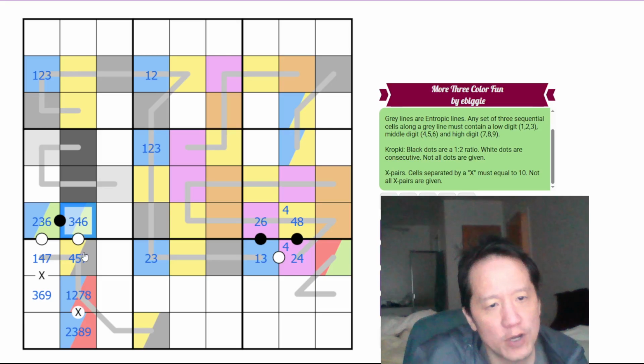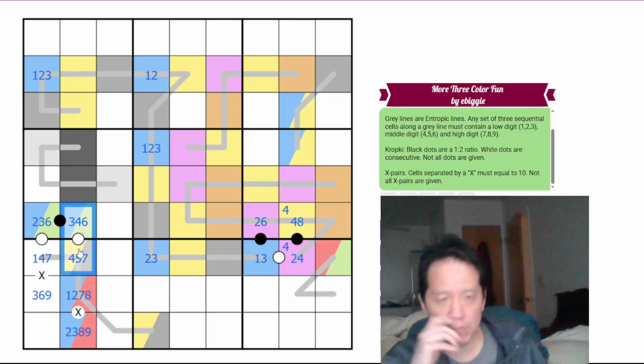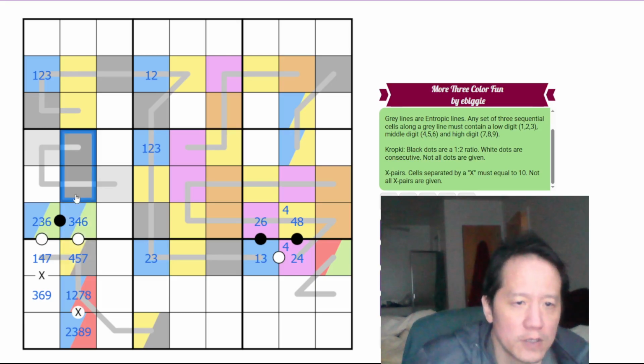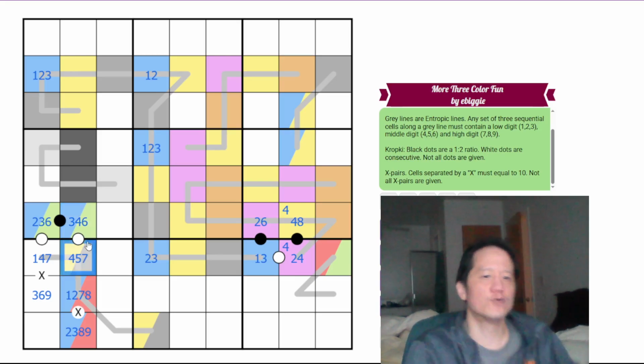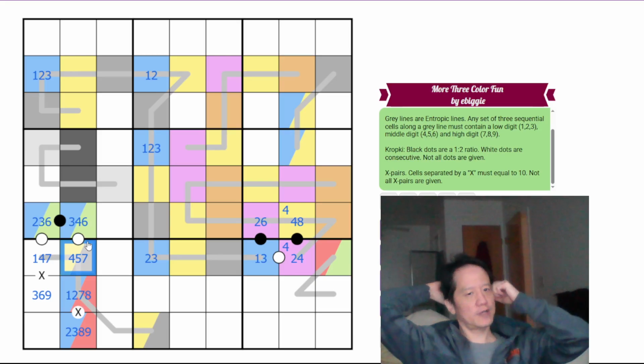So 1 of 4 or 6 is here. The dark gray has to be, it cannot, okay, so we know, well, it could be 6 and 7, or it could be 4 and 3.